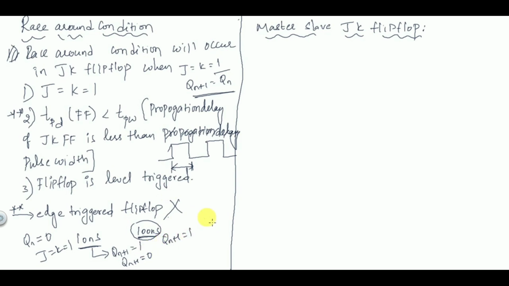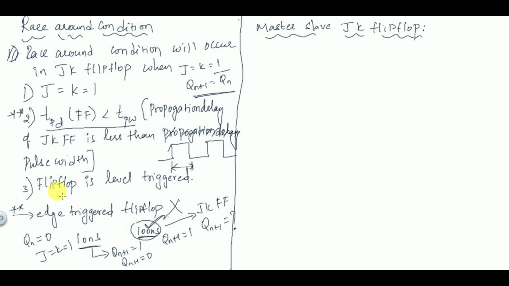This process continues, and at the end of the clock pulse, after 100 nanoseconds, we are not in a position to recognize the output of the JK flip-flop. Qn plus 1 is not known to us. This condition, where the output is unknown, is called the race around condition.